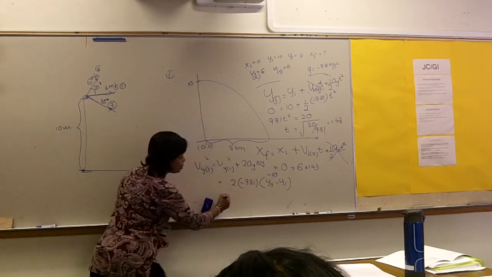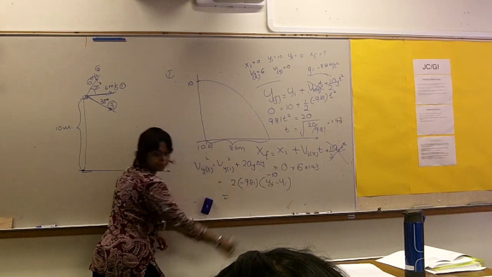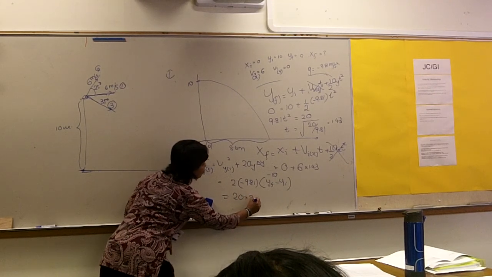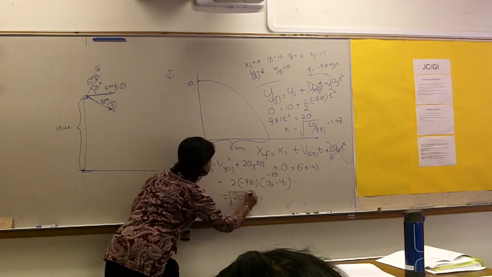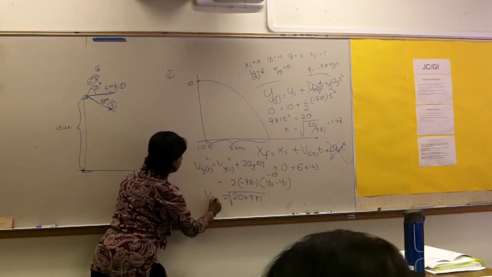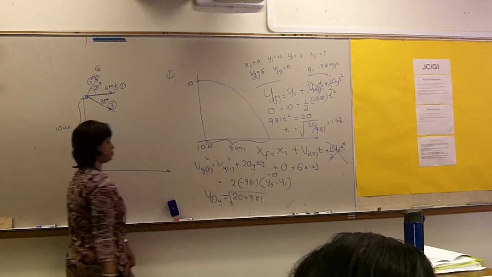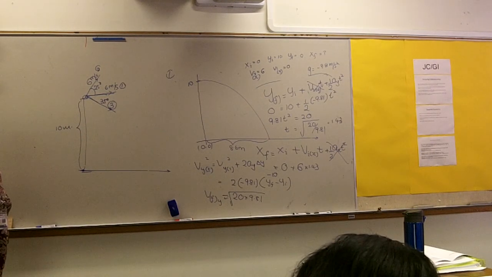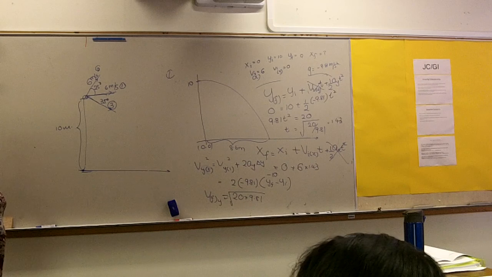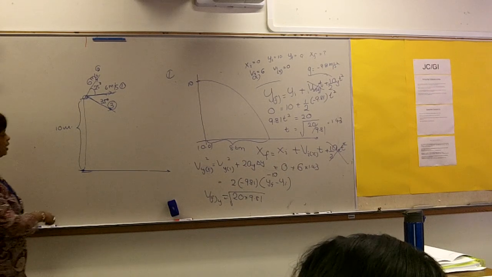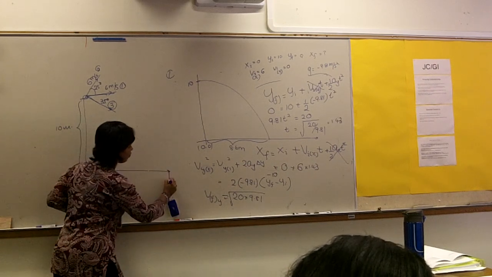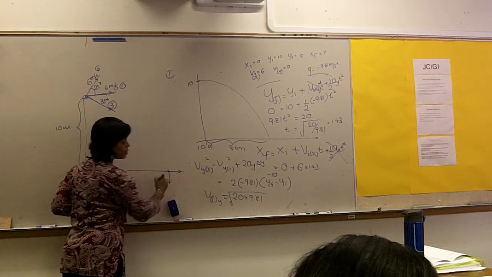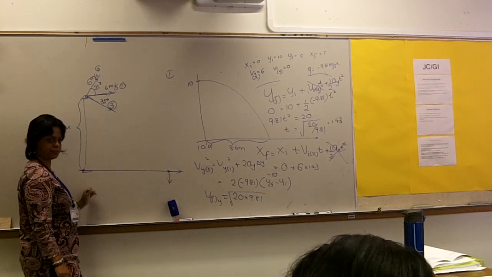That's why this nicely becomes positive. The final y velocity is the square root of 20 times 9.81. So when it hits, you have velocity in this direction and this direction.